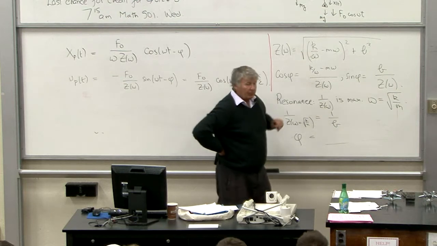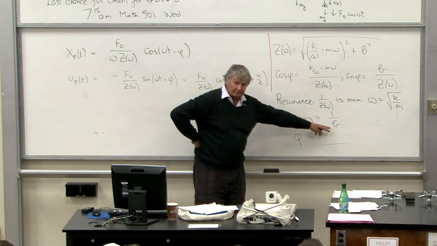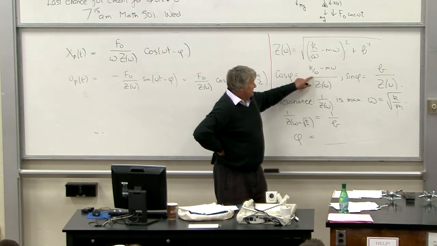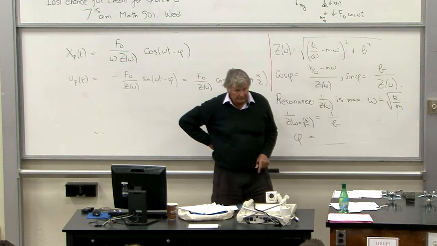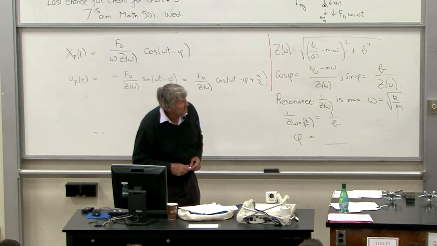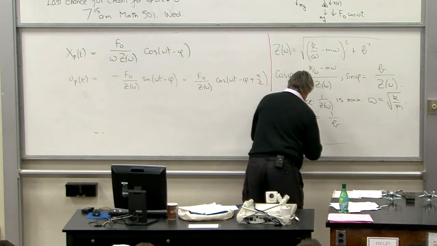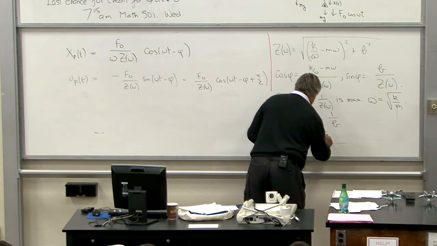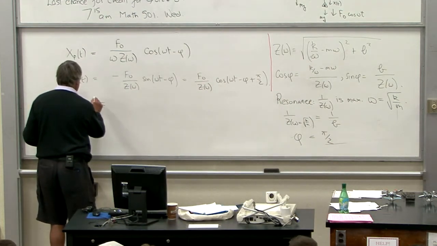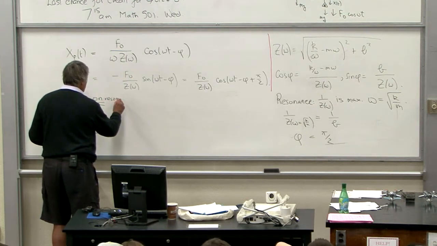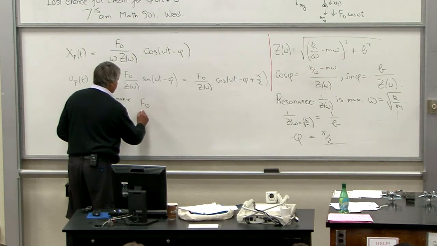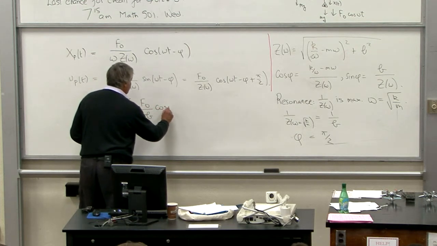Okay, what's Z(omega) equal to again? Z(omega) is b. So cos phi is 0, sine phi is 1. So what's phi? Pi by 2. So on resonance, the velocity is simply f0 over b times cos omega t.